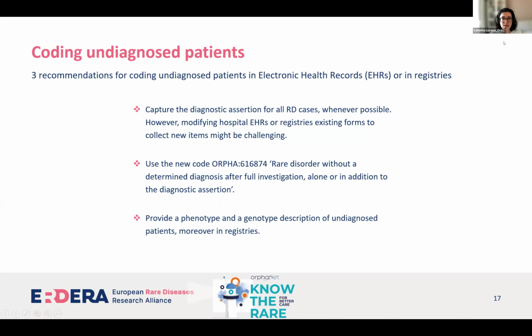So in order to capture this specific diagnosis, there have been some recommendations, and one specific ORFA code has been created. That is ORFA code 616874, rare disorder without a determined diagnosis after full investigation. And we can use it alone or in addition to the diagnostic assertion. And we can provide genotype and phenotype also for this as a side.